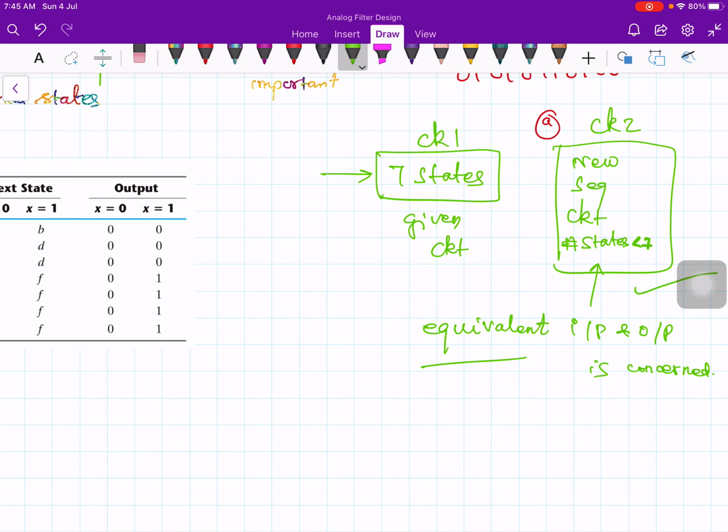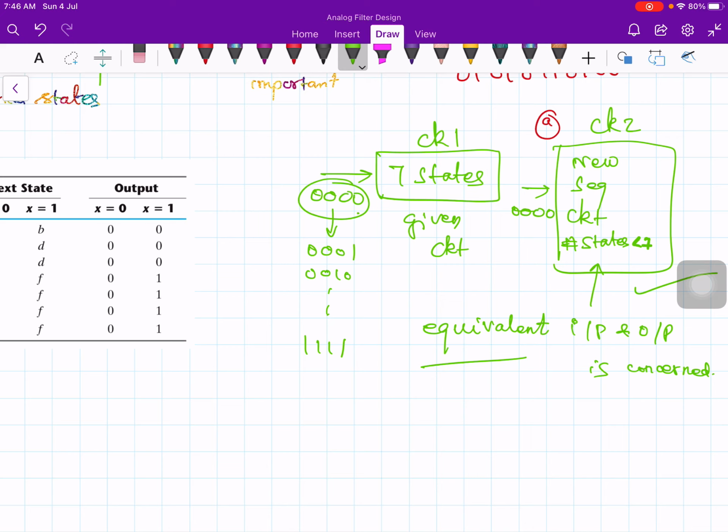Suppose you apply 0 0 0 as your input sequence, then you must apply all possible combinations. Don't simply apply one sequence and say both give identical output. So you apply all possible input sequences, starting from 0 0 0, 0 0 1, 0 1 0 and going up to 1 1 1.